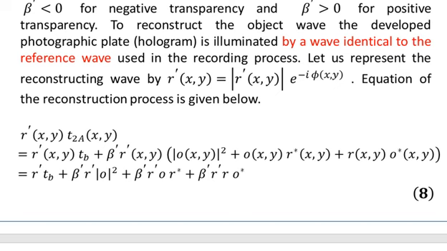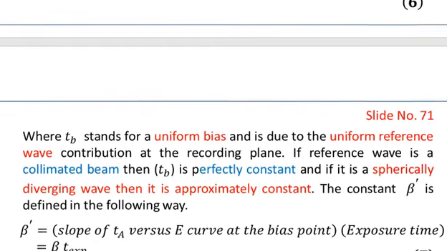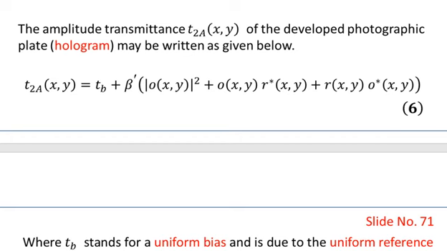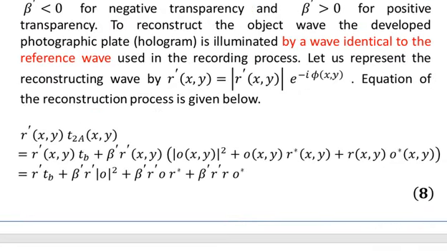So R prime on the left hand side has been multiplied with the amplitude transmittance of the hologram, that is T2A as a function of xy, and on the right hand side we have all the terms from equation number 6. So these are actually the 4 terms, the TB term and the other 3 terms contained within beta prime. So we have multiplied R prime.